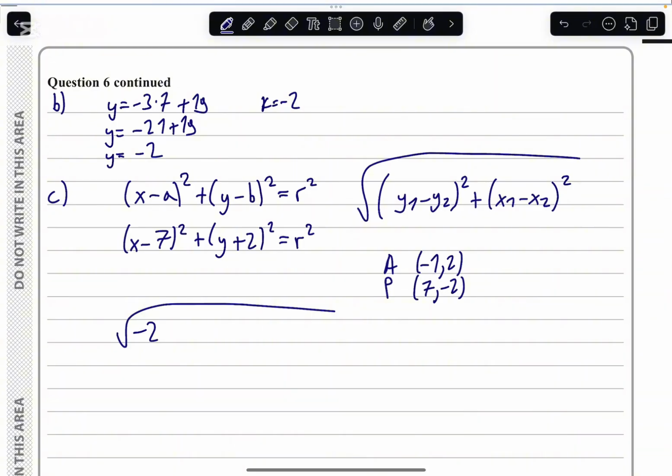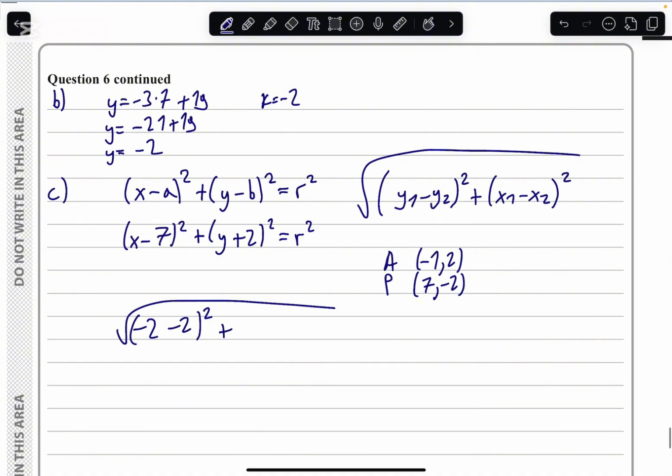Square root of all that, so minus 2 minus the other value, so we get minus 2, all to the squared, plus the x value, so 7 minus 1, which is just going to be 8, and all that to the squared again.